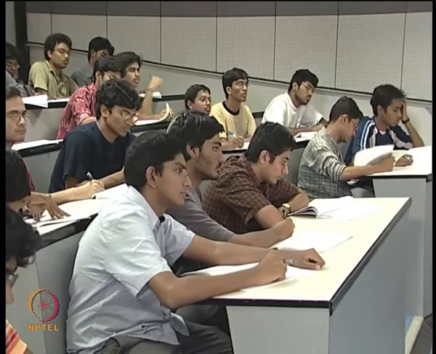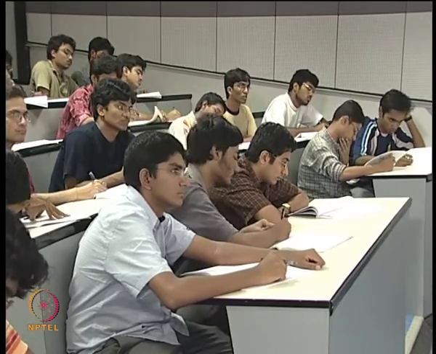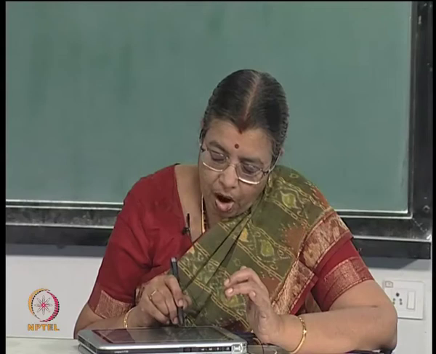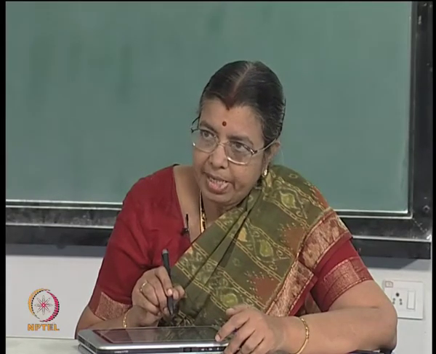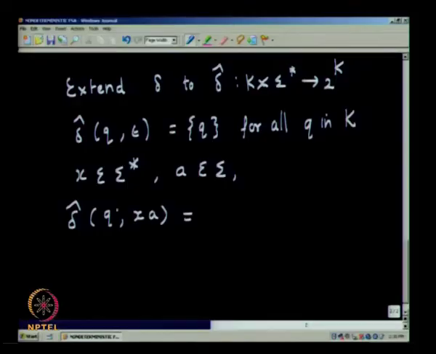This set of states starting from q, after reading xa, what are the possible states in which the machine can be? This is what is denoted by delta cap of q, xa. How is this defined?